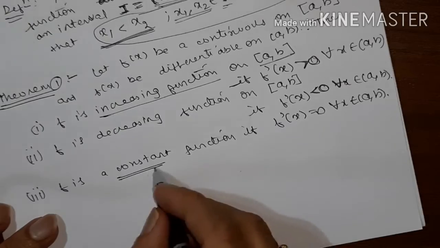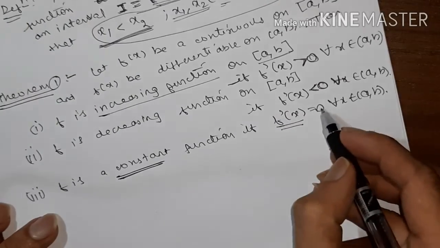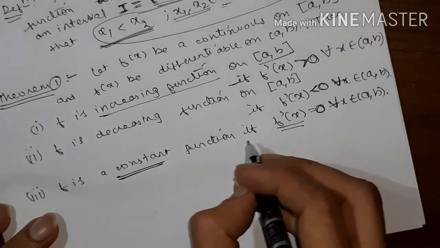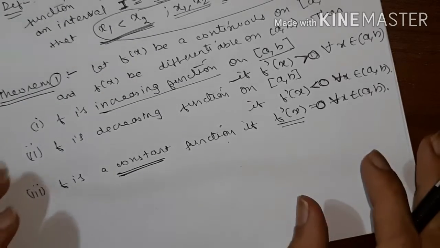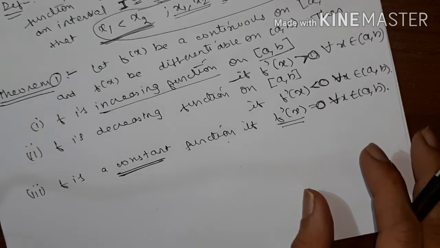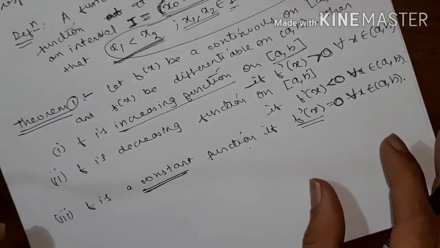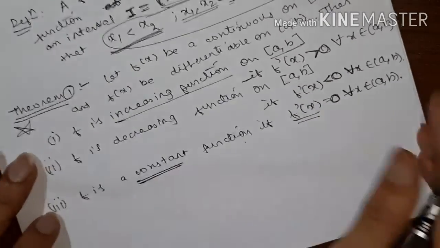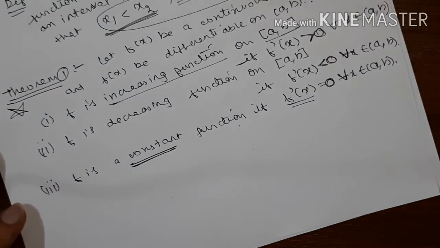So if f prime of x is equal to 0 for all x belonging to the open interval a comma b, then we can say that the function is a constant function. These three definitions are very, very important to solve the problems. The first definition which we have done, and this theorem here, is a very important theorem that we will use to solve problems.